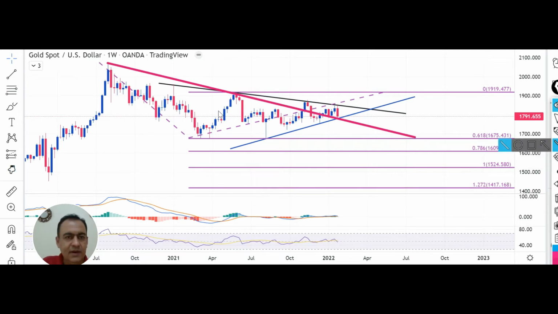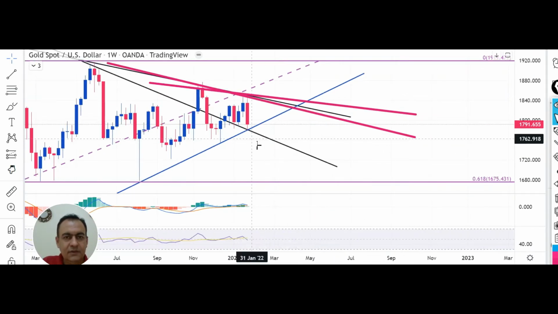Alternatively, if I join these tops and draw it like this, then I get trend line number 2. As of now, gold is honoring the resistance created by the higher and the lower trend lines, the resistance and the support as well. It was resistance here, and now it turned lower from this resistance area.